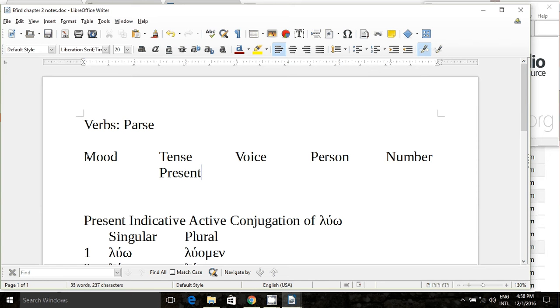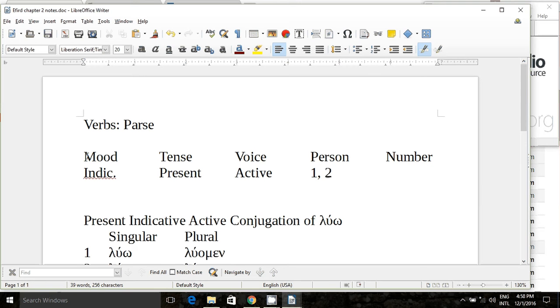Today we're going to work with the present tense. First we're going to work with the indicative. Then the voice of a verb is either active, I eat lunch, or passive, lunch was eaten by me. But we'll deal with that some more when we get to our passive verb forms.